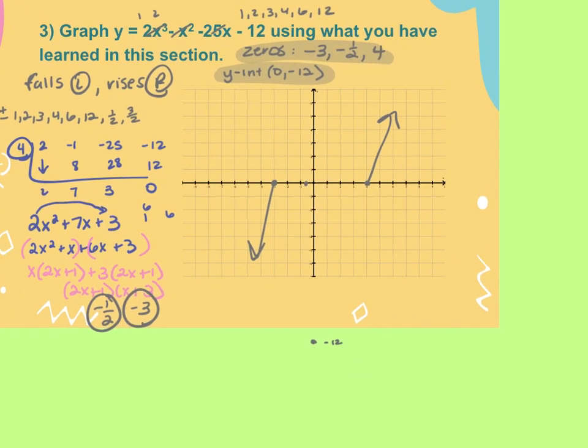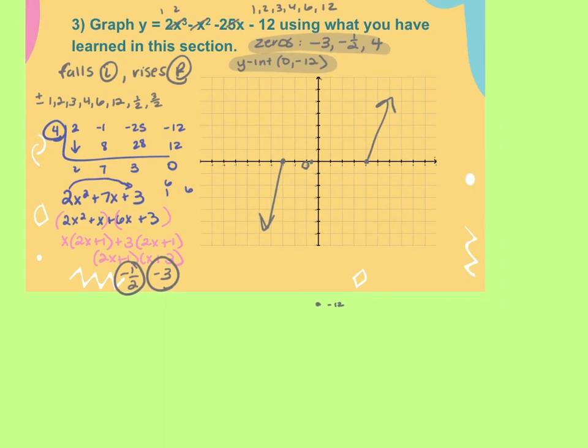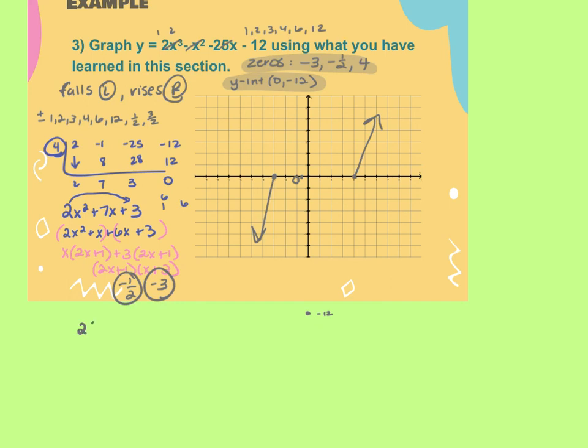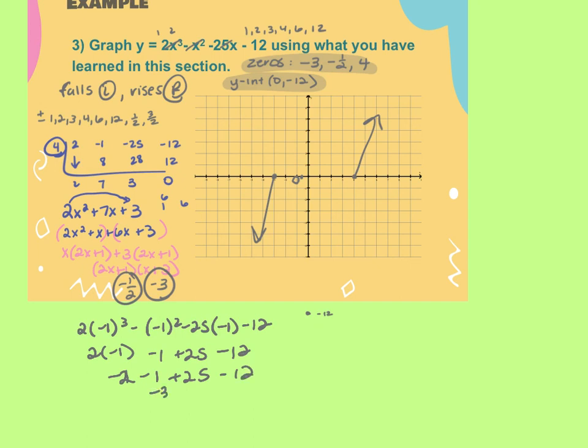So to figure out how high I'm going to go here, I need to plug in a point because I don't have one. I can even just plug in -1. You can plug in -1 or -2, it doesn't matter. So -1 to the third minus -1 squared minus 25 times -1 minus 12. -2 minus 1 plus 25 minus 12, that's -3, 22, and that's 10.